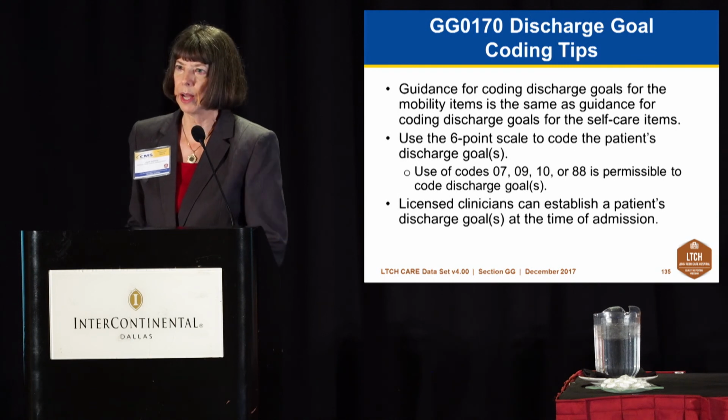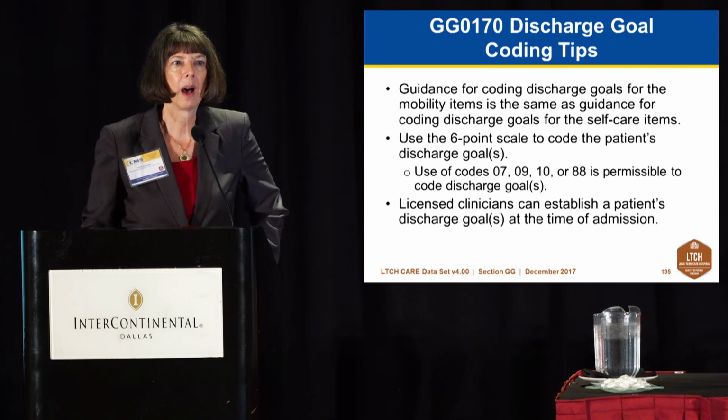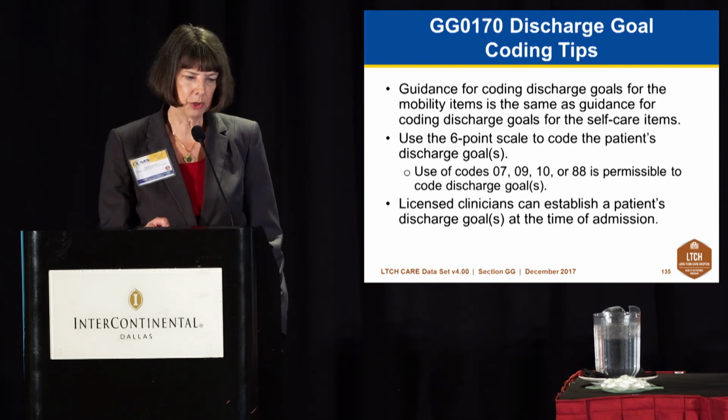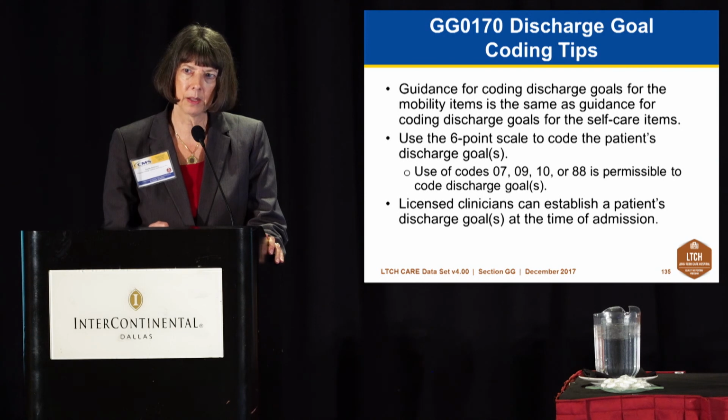But, you know, check around, making sure that you captured all of the information that you had access to on the floor, on the unit. It doesn't all happen in therapy, so ensure that you can, when you can, assess the patient with a 06 through 01 goal.